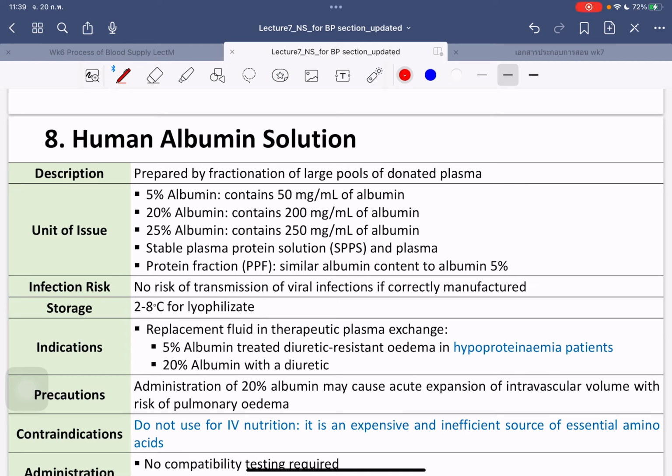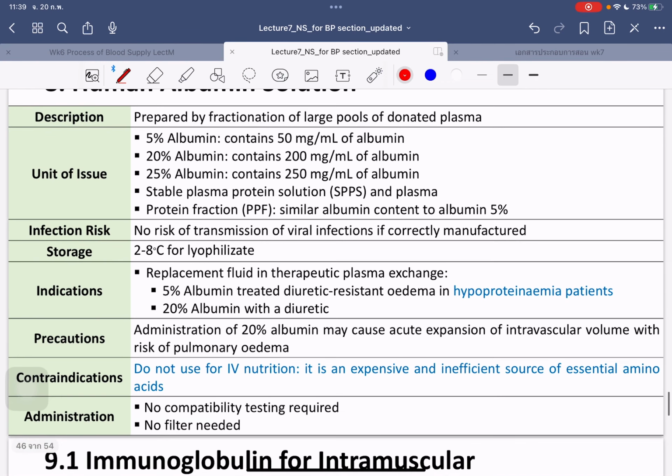If you don't have albumin, water from the blood vessel will leak into the tissue and you will have edema. So we use it in liver disease or in patients who have hypoproteinemia. But even though albumin is a protein, we should not use it in the case of malnutrition.